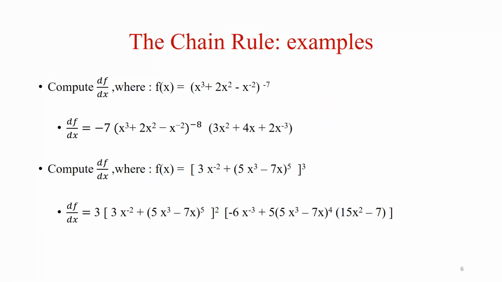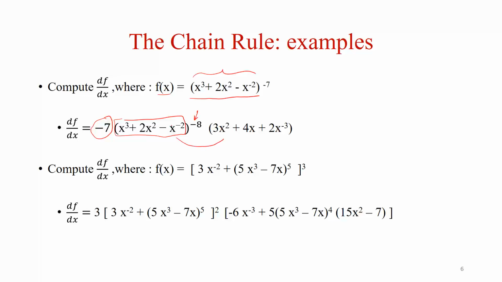Okay, here's another example. You can see here f(x) is this expression. The chain rule says that first we derive this whole thing, and if we do the derivative, obviously you have this minus 7 multiplied by the same thing inside, and we decrease the exponent.